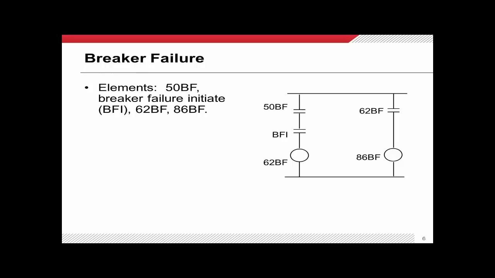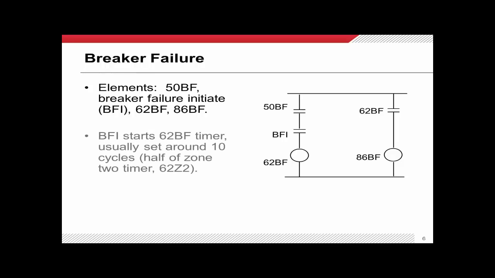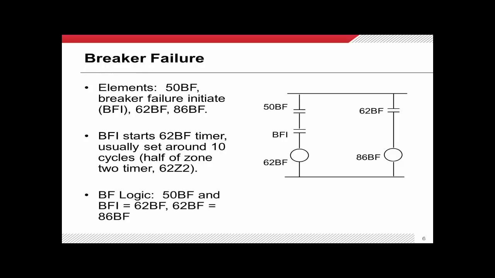You're going to have that output contact, that 62 BF, close, and then you're going to trip your lockout relay, and at that point you're going to trip all the adjacent circuit breakers, and that's usually a pretty big deal. And again, typical breaker failure time delay is around 10 cycles. It can be a little less, and just as a good rule of thumb, it's going to be right around half of your zone 2 time delay.